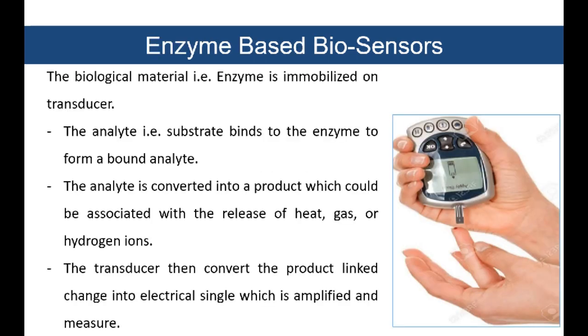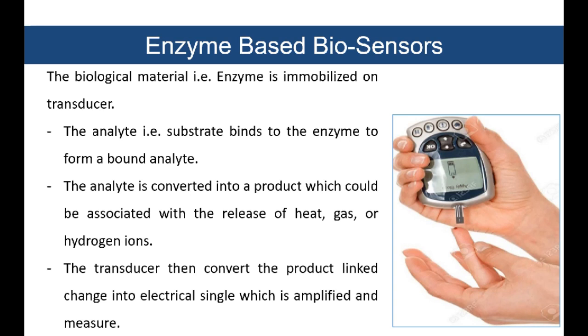Now, enzyme-based biosensor. The biological material, that is the enzyme, is immobilized on the transducer. The analyte, that is the substrate, binds to the enzyme to form a bound analyte.